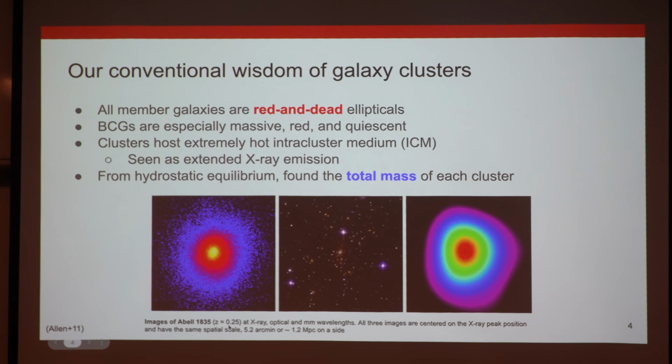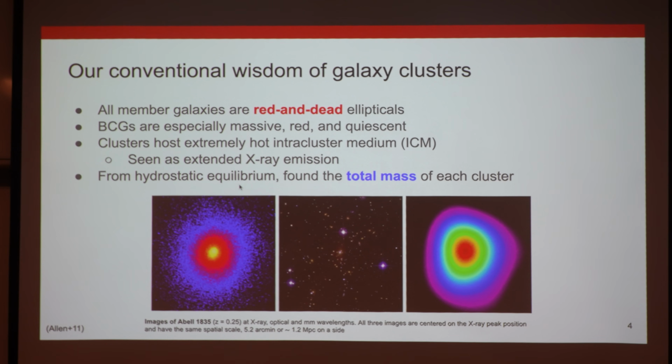The X-ray emission of the hot gas extends from the center all the way to the outskirts of the cluster. Well, it doesn't go all the way out because it's too faint. And on the right-hand side, that's what the SZ signal looks like in the CMB. The galaxy cluster can also be detected using the CMB signal called the SZ effect, or Sunyaev-Zeldovich effect. But I'm not going to talk about that today either.